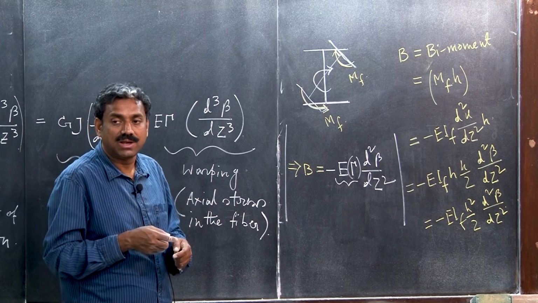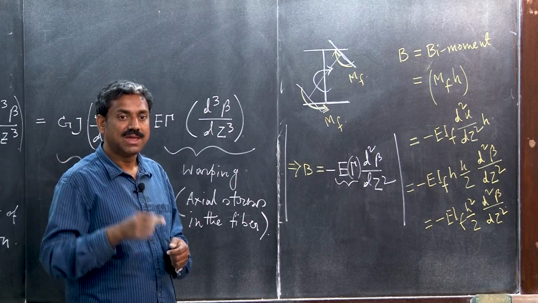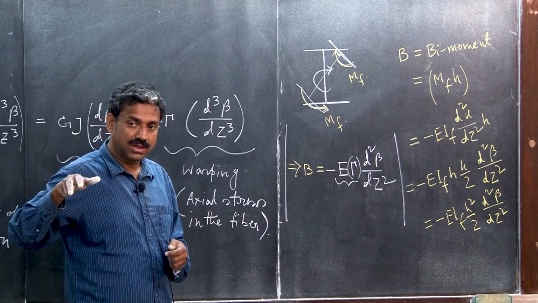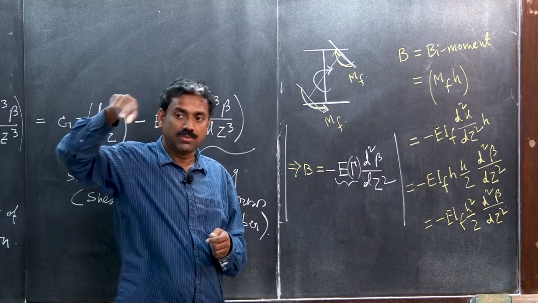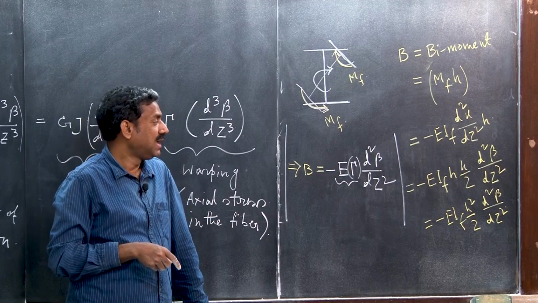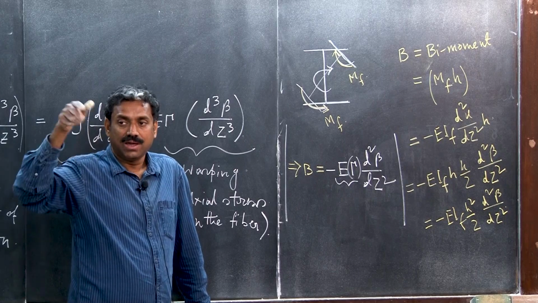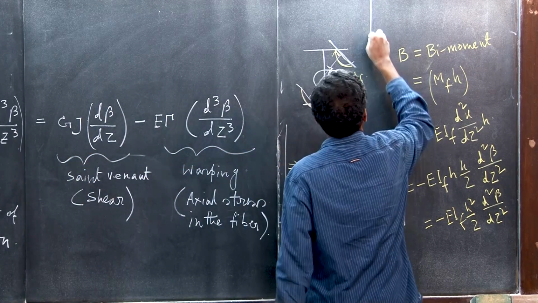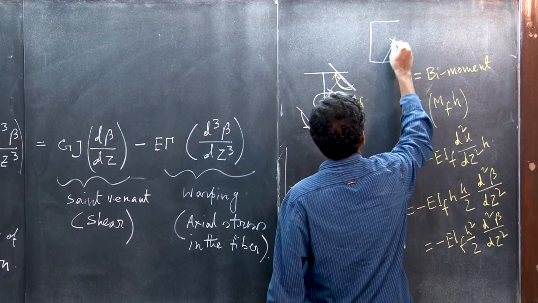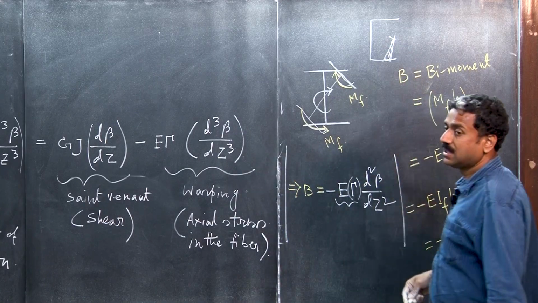Sectorial coordinate is nothing but there will be a pole, you can take that to be the shear center, and then the perpendicular distance from that pole to the center line of the section. You have to do this along the center line of the whole section. The sectorial coordinate is nothing but 2 into area. For example, you consider a section like this, and this is the area from here to here when you are moving; 2 into this area will be some kind of sectorial coordinate.